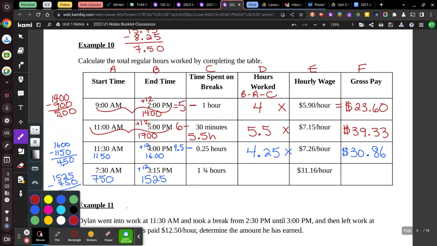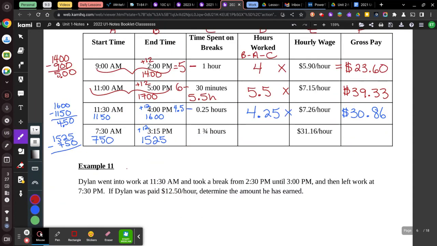Remember your decimals. Okay, this is going to give us exactly 7.75 hours. And I'm going to get 7.75 hours subtracting 1.75 hours. That's going to give us a total of 6 hours. Timesing by our hourly wage to give us $186.96.